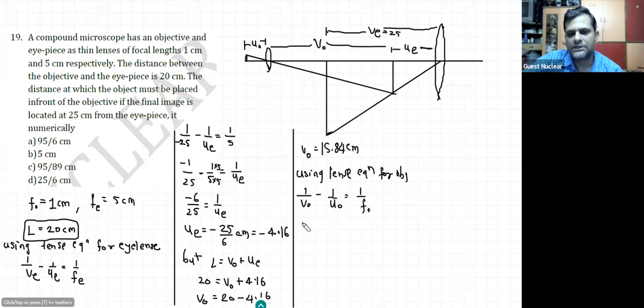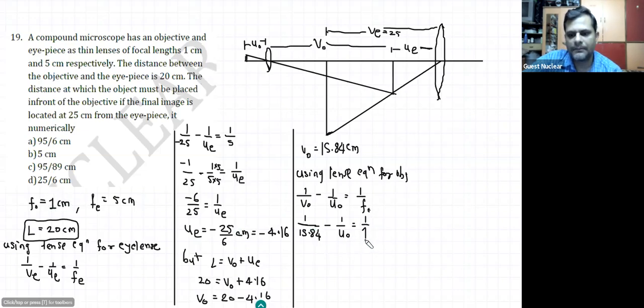So that we can get this 1/VO, which is 15.84, and that is also positive just because here in the diagram, look, this VO is going to be positive in this case, UO is going to be negative, that will come easily. Minus 1/UO is going to be 1/FO, where FO is actually 1 centimeter. We have to put it here.